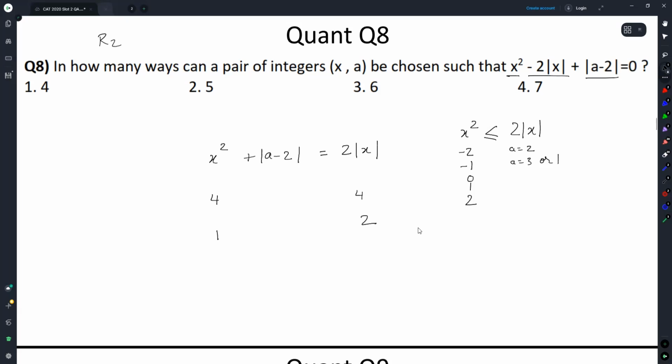If x is 0, this is 0, a will have to be 2. If x is 1, this is 1, this is 2, a will have to be 3 or 1. If x is 2, this is 4, this is 4, a will have to be 2. So 1, 2, 3, 4, 5, 6, 7. 7 cases will get created.